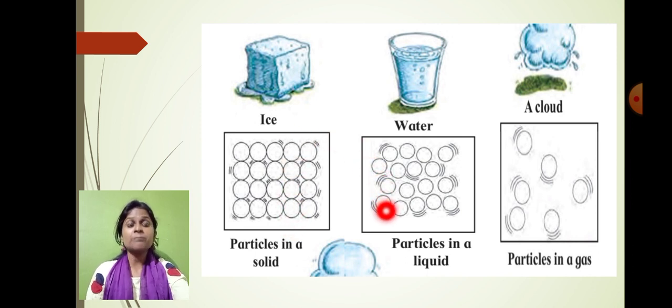Whereas the particles of the liquid are not that close as in the solid, they are slightly away from each other. In the case of the gaseous format the particles are away from each other, there is a lot of distance between the particles. So there is a difference in distance between the solid, the liquid and the gaseous.